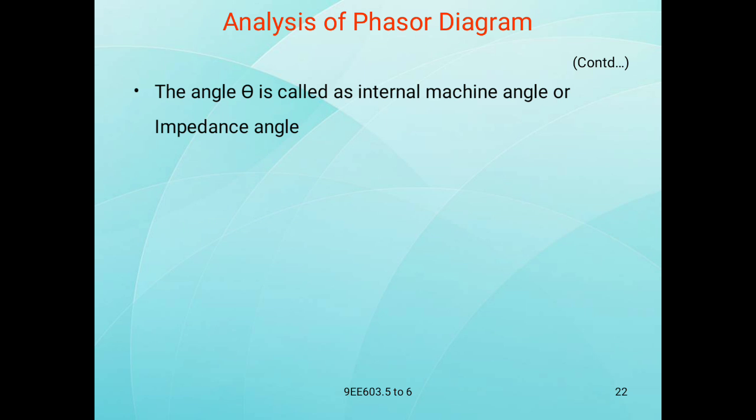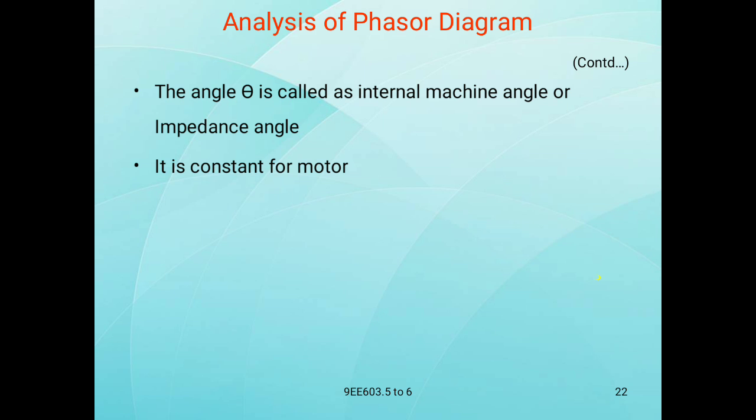Here the angle theta is called the internal machine angle or impedance angle. Theta is always constant for the motor. Why is it constant?